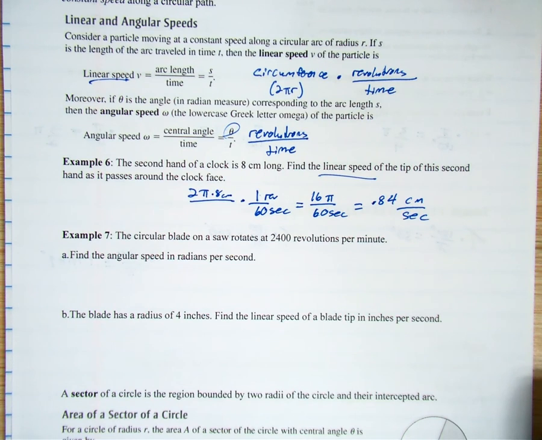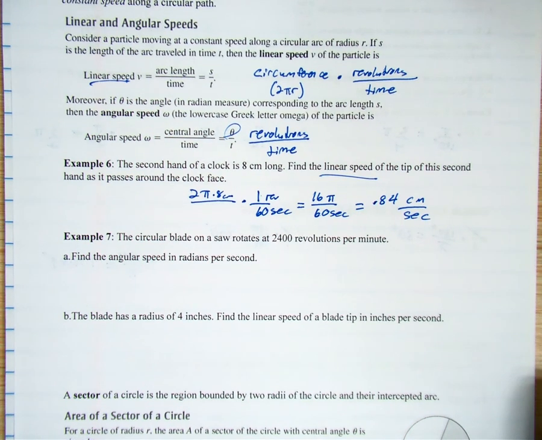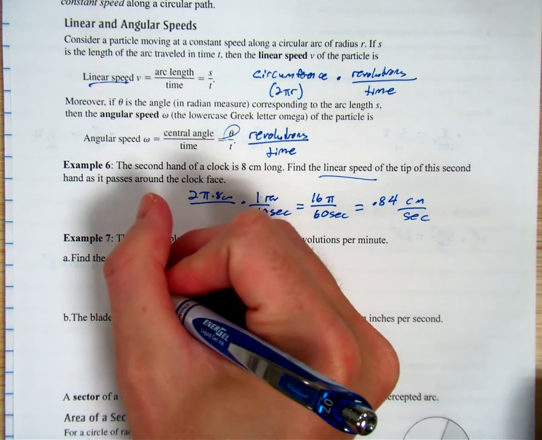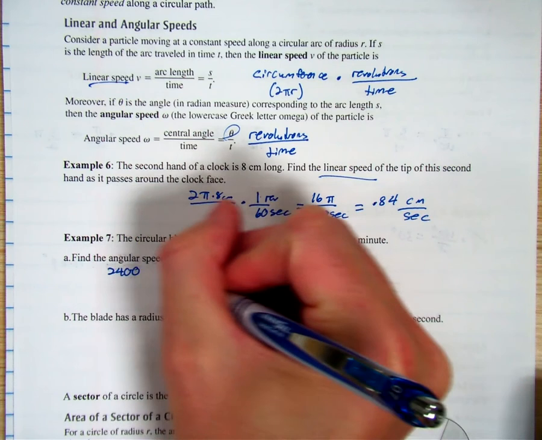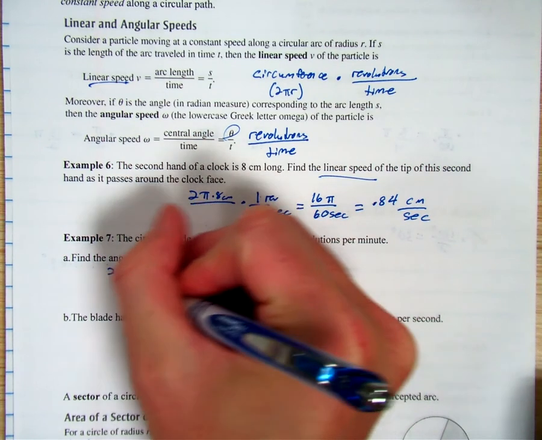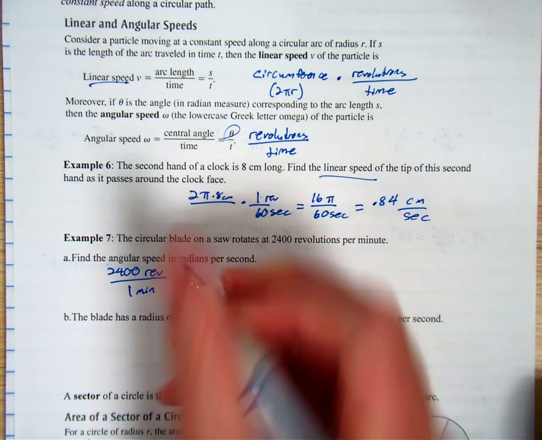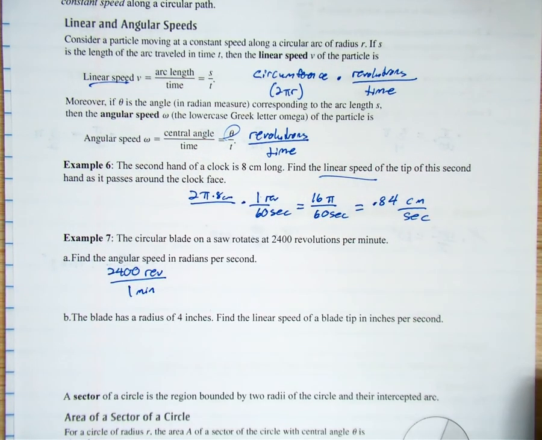A circular blade of a saw rotates at 2,400 revolutions per minute. Find the angular speed, so this one, angular speed in radians per second. Okay, so you have 2,400 revolutions in 1 minute. We need to change that to radians per second.